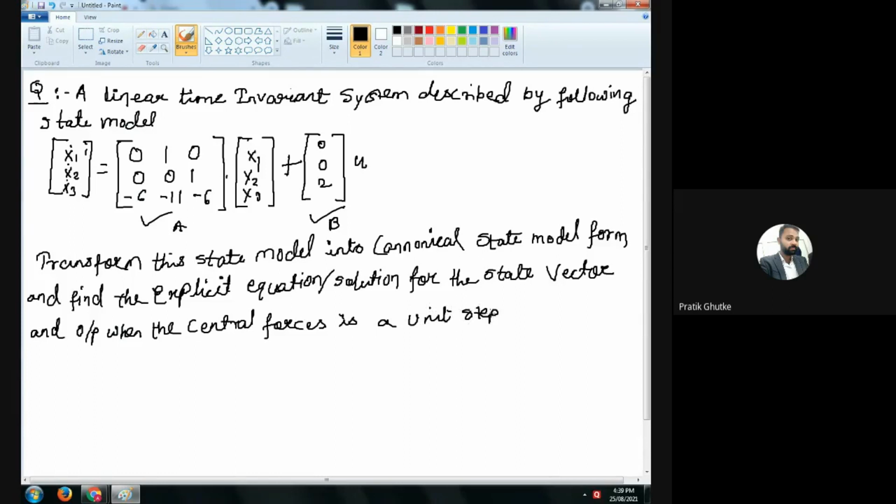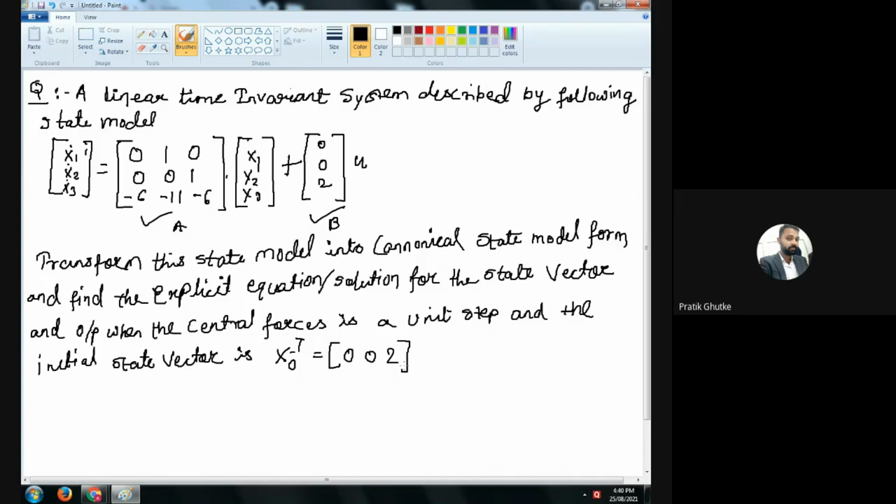Unit step means 1. And the initial state vector they have given is x of 0 transpose, which is the row matrix 0, 0, 2.